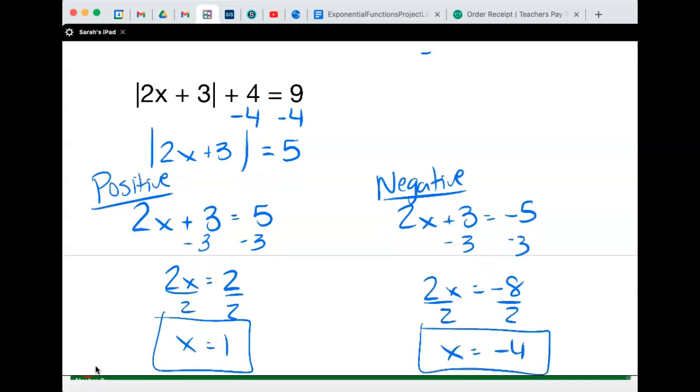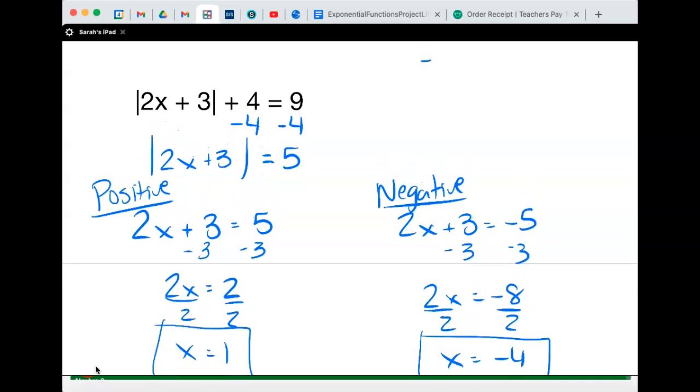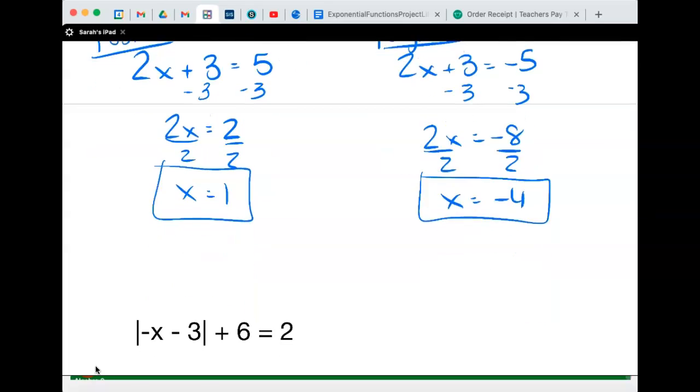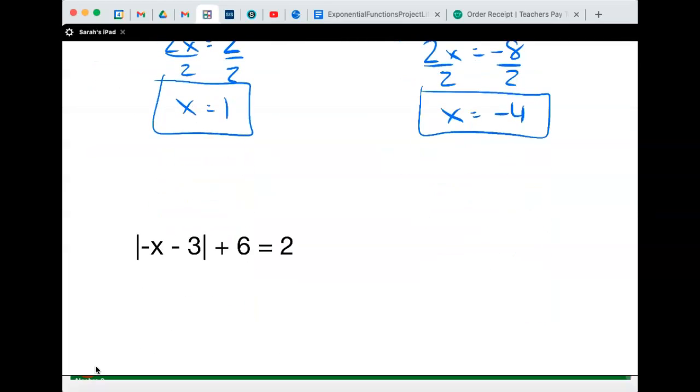Check. And then this was negative 4, so then 2 times negative 4 plus 3, absolute value of negative 5, plus 4. Got the right answer.